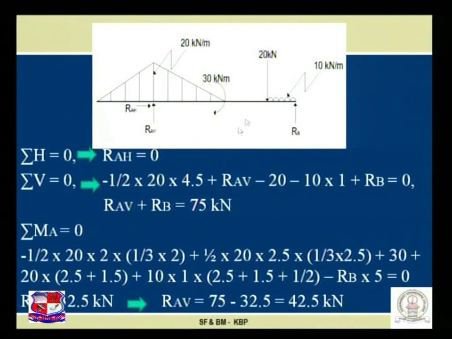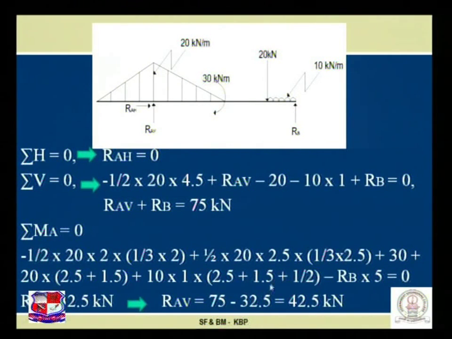Next, the concentrated moment, plus 30. Then plus 20 into the total distance, 2.5 plus 1.5. Next, 10 into 1 total load, multiplied by the distance 2.5 plus 1.5 plus distance 1 divided by 2, minus RB into 5, because RB is multiplied by the total distance, 2.5 plus 1.5 is 4, 4 plus 1 is 5, which is equated to 0.